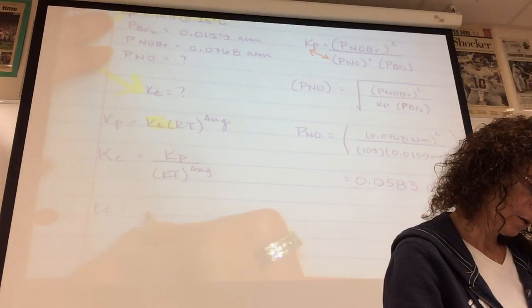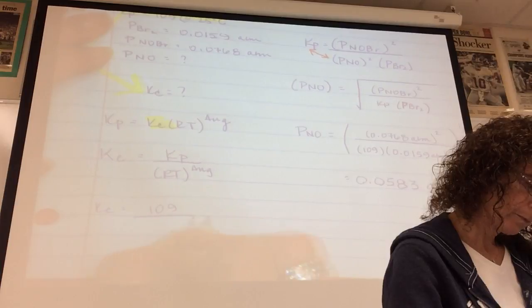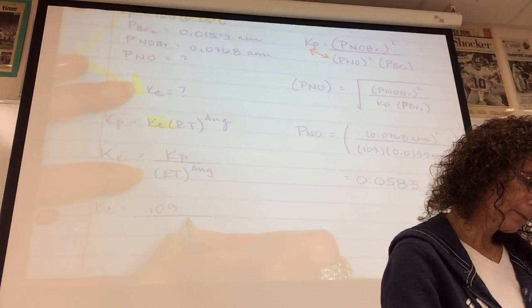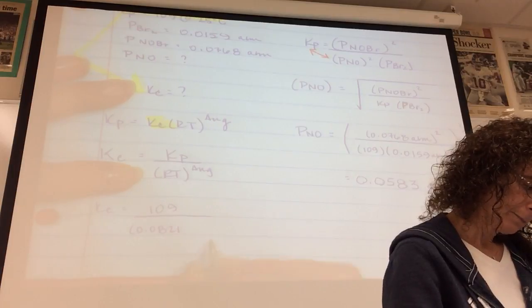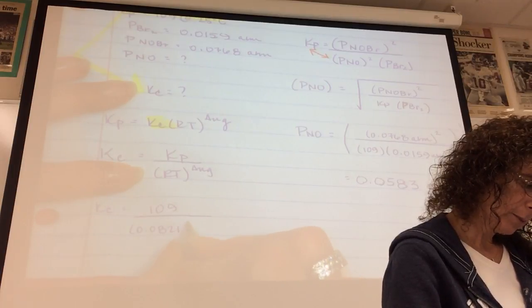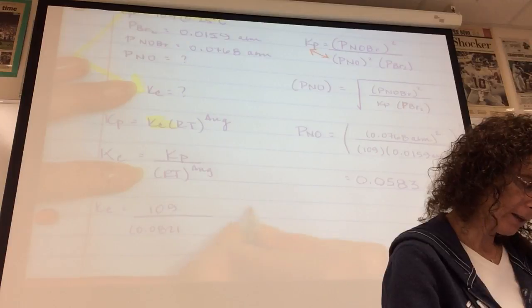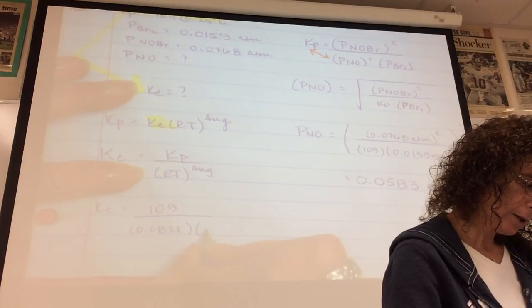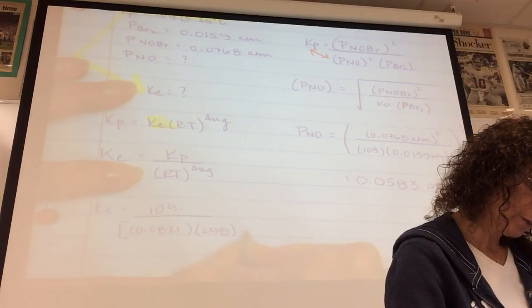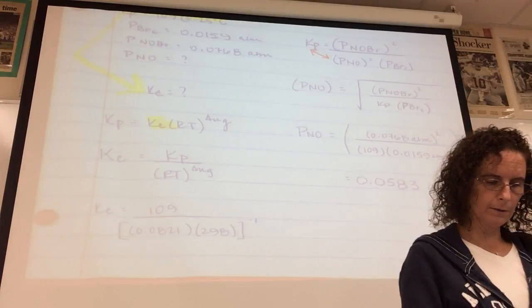Your Kp here would be 109. Your RT, here the R is 0.0821. I'm going to be a little lazy on units here because they're not even going to cancel, so who cares? The temperature is 298 Kelvin, and this whole piece is to the -1.